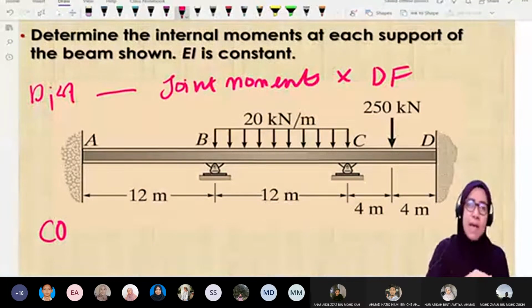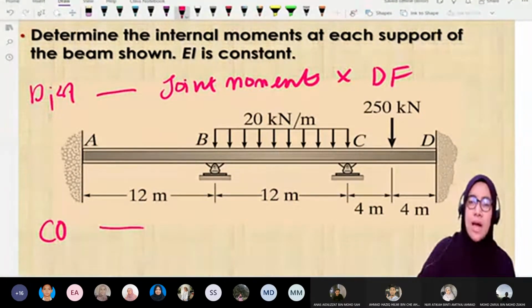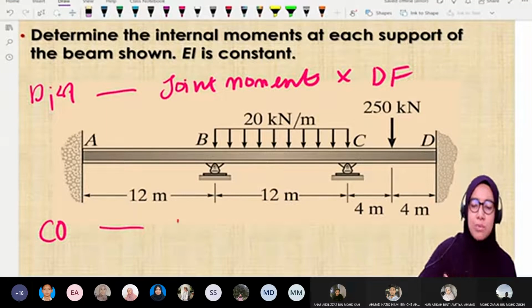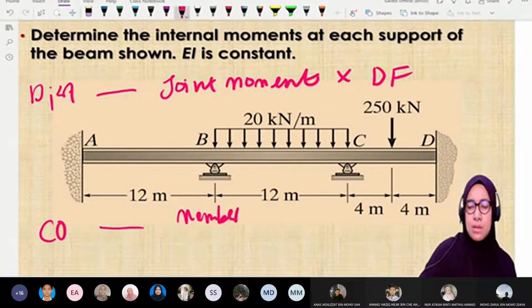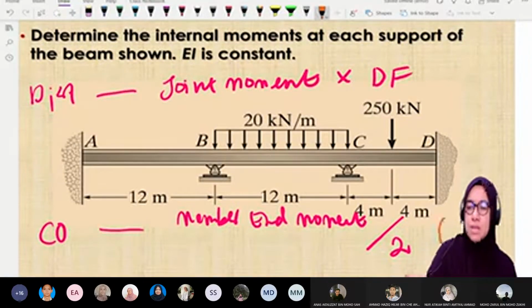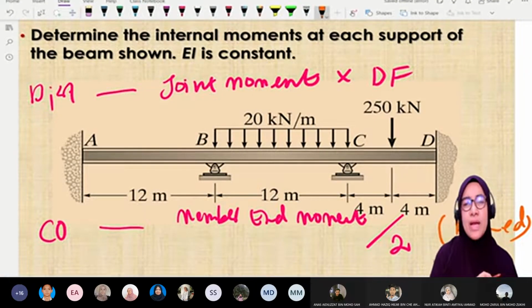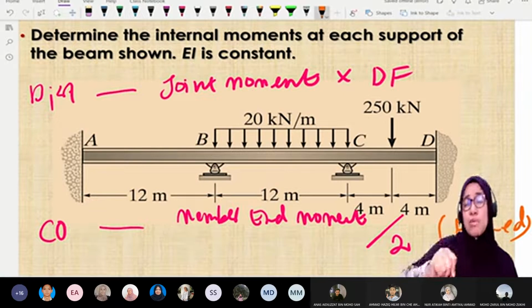So in carry over apa yang kita akan buat is kita akan ambil member end moment tadi tu, divide by 2. Divide by 2 ni untuk semua.